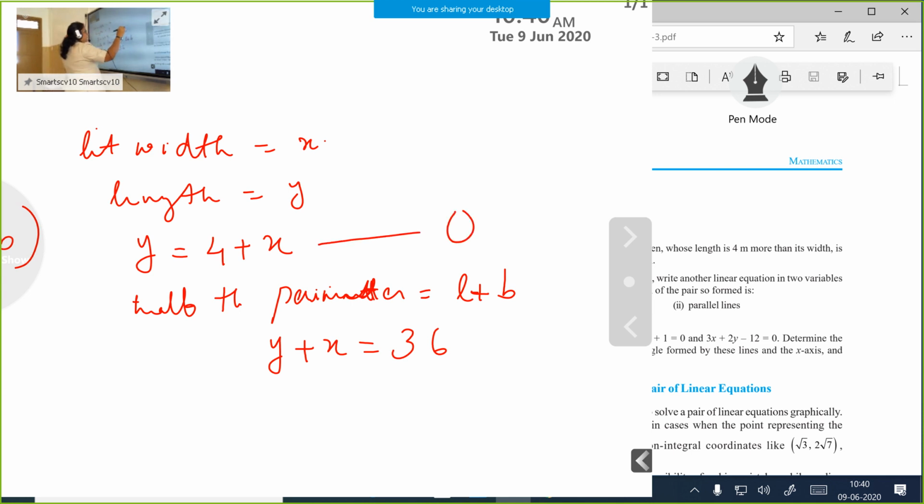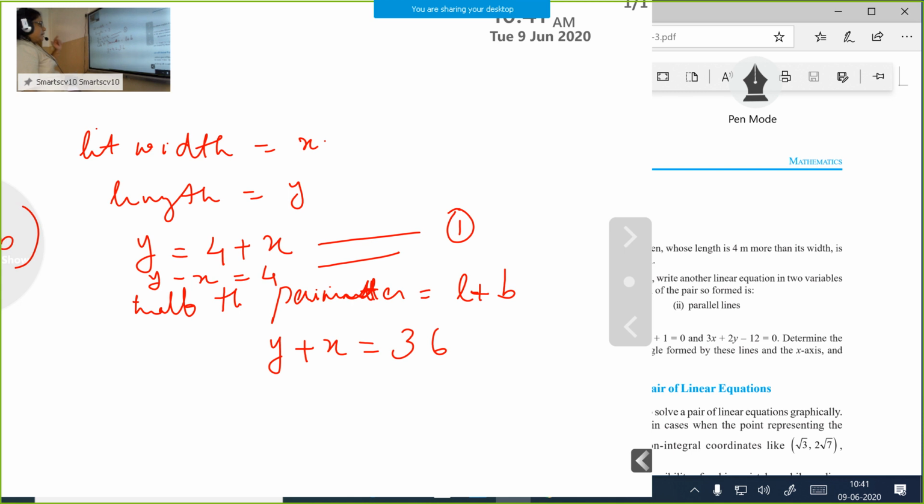First condition: y equal to 4 plus x. Second condition: y plus x is equal to 36. We can also write y minus x is equal to 4, the same equation as y equal to 4 plus x, and the second equation is y plus x is equal to 36.